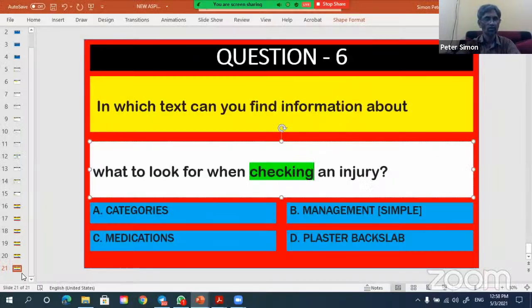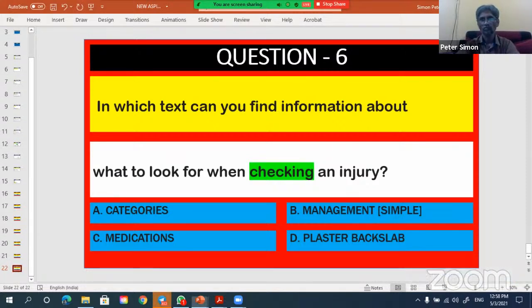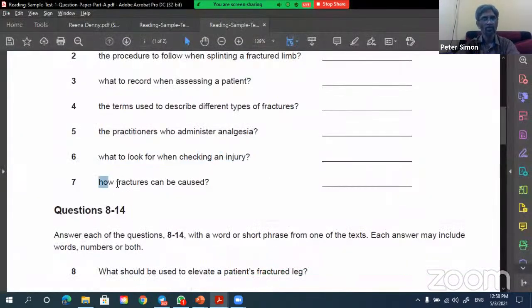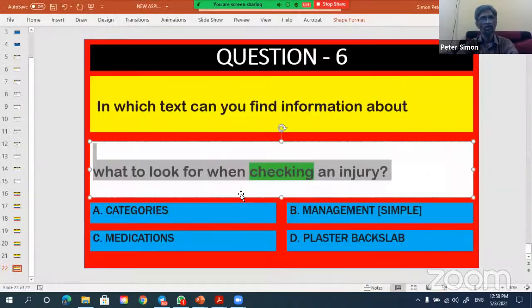So the seventh question. How fractures can be caused? Causes. So, Control C. How fractures can be caused?